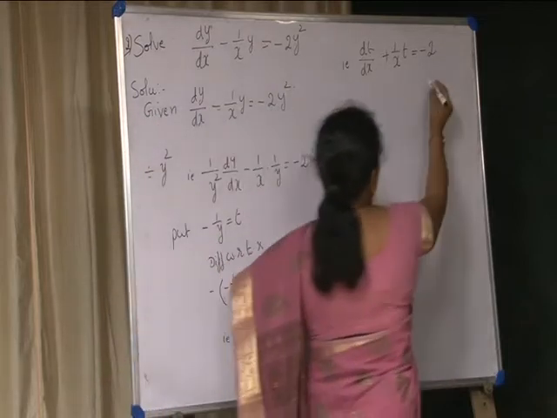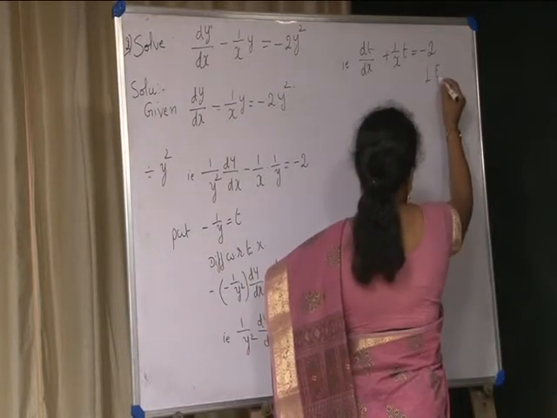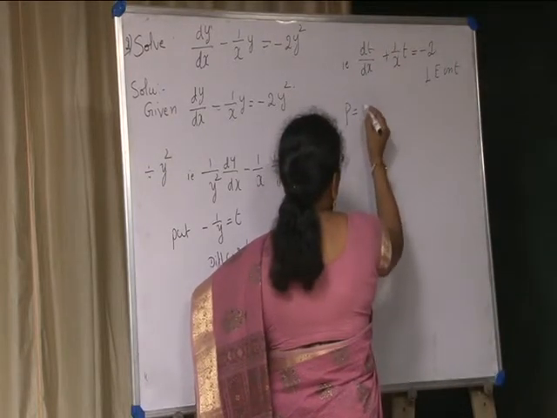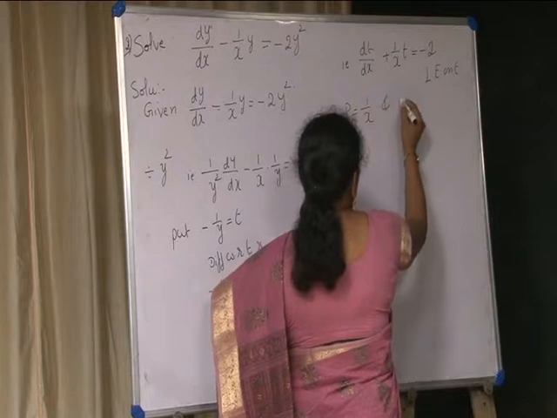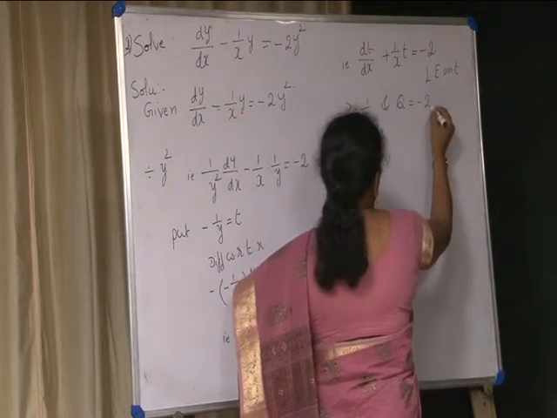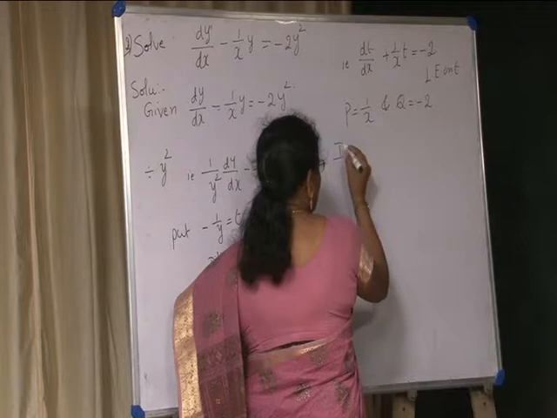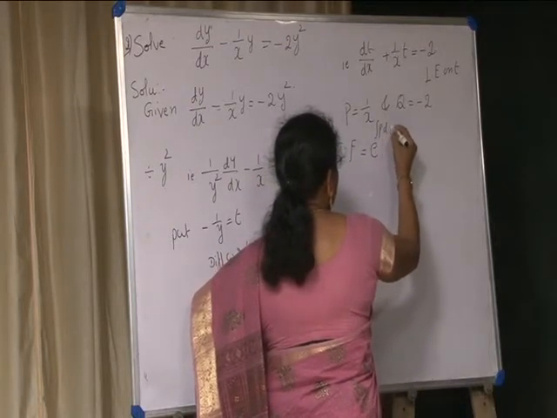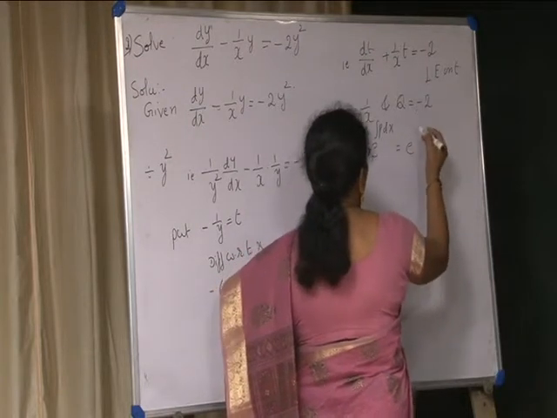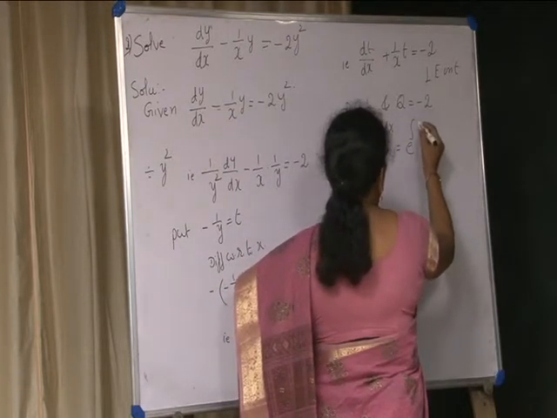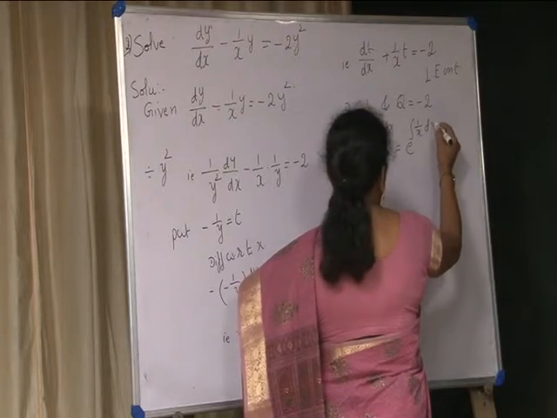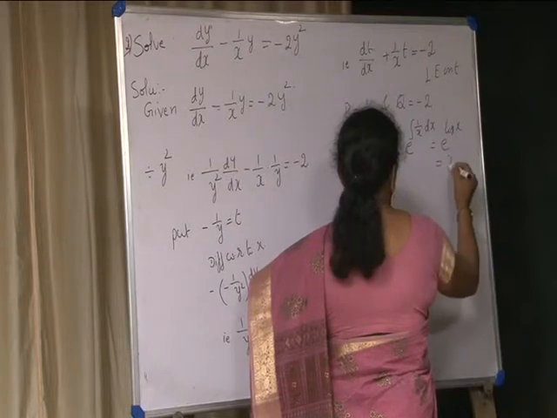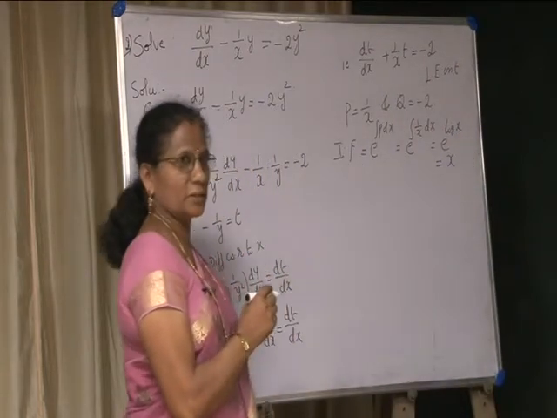So it is a linear equation in t where p is equal to 1 over x and q is equal to minus 2. The integrating factor is equal to e to the power of integral of p dx, e to the power of integral of 1 over x dx, e to the power of log x, that is equal to x.